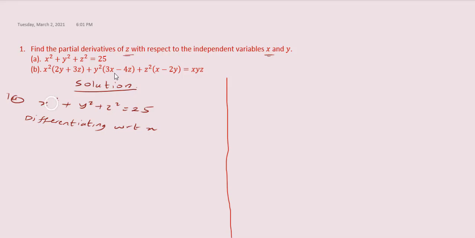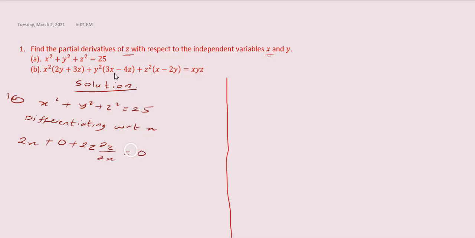So differentiate x squared, the answer will be 2x, plus differentiate y, the answer is 0, plus differentiate z, the answer will be 2z. But don't forget, z is a function of x and y, so the independent variables are x and y. So because I have differentiated z, I will add the dz dx, so it's equal to 0.